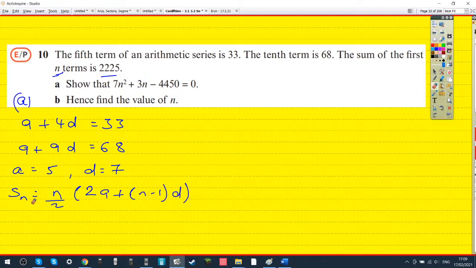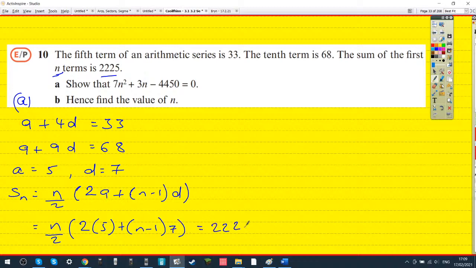So that's s, sum to n terms. Okay, so that equals the 2,225, and we can sub in the value of a and d. So 2 times 5 and 7.